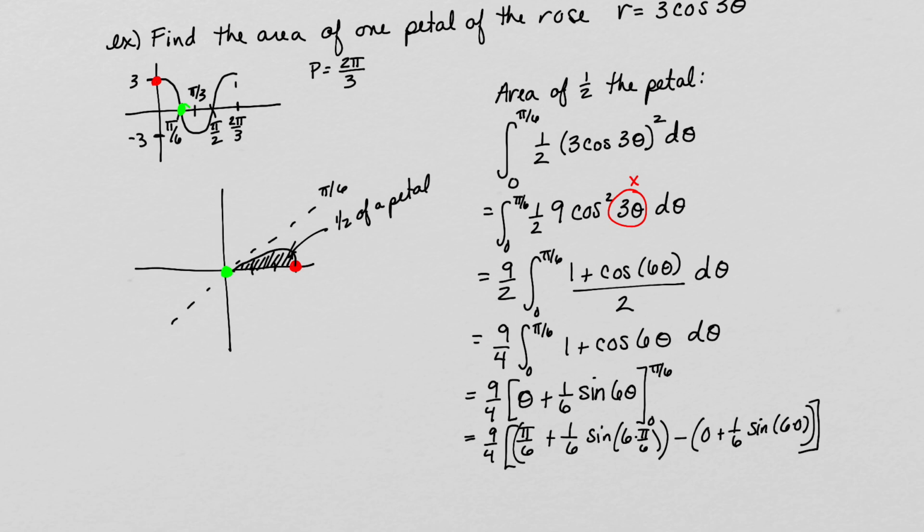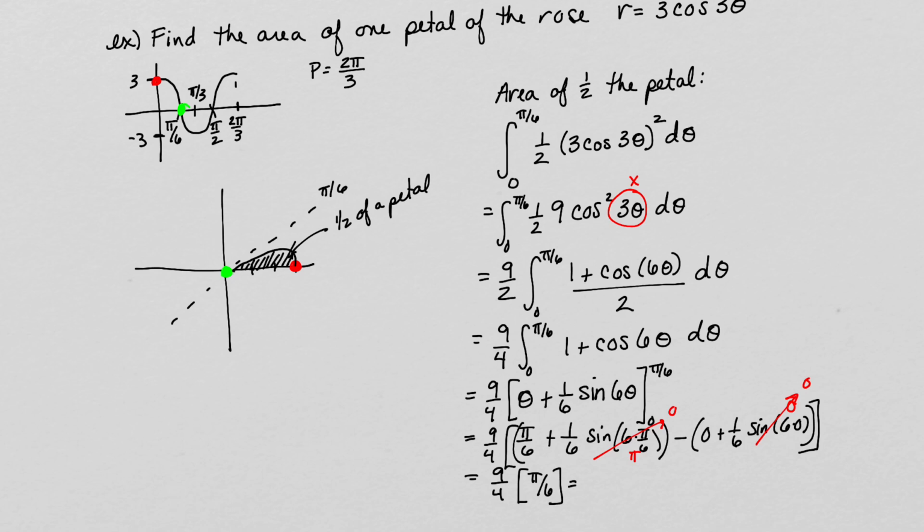So 6 times 0, right, is 0. So you're looking at the sine of 0. Here, 6 times pi over 6 is pi. But the sine of 0 goes to 0, and the sine of pi goes to 0 as well. So we really have 9/4 times pi over 6.